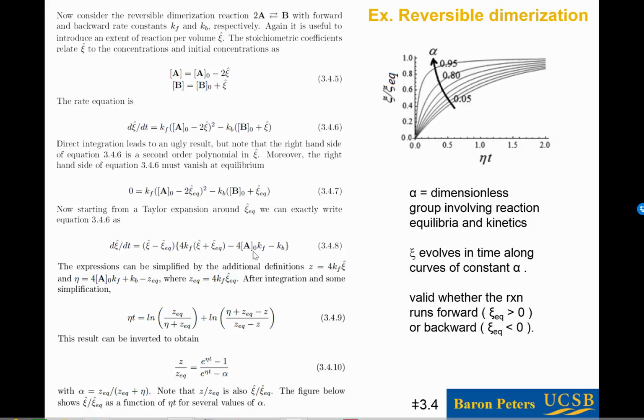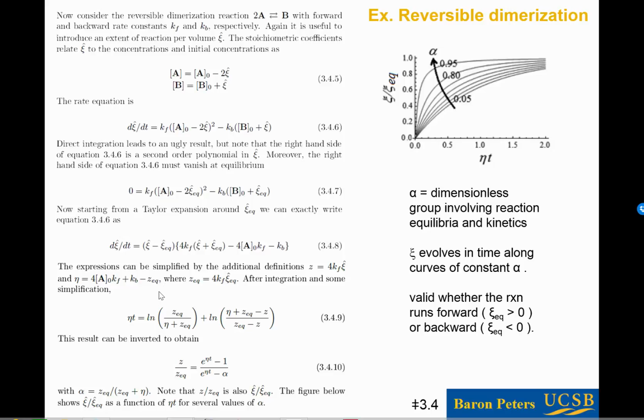And we can take some of those constants and group them into dimensionless parameters. For example, this eta gives you this little set of constants here, and that one involves another one. This zeta_eq is basically an extent of reaction multiplied by a rate constant times 4.